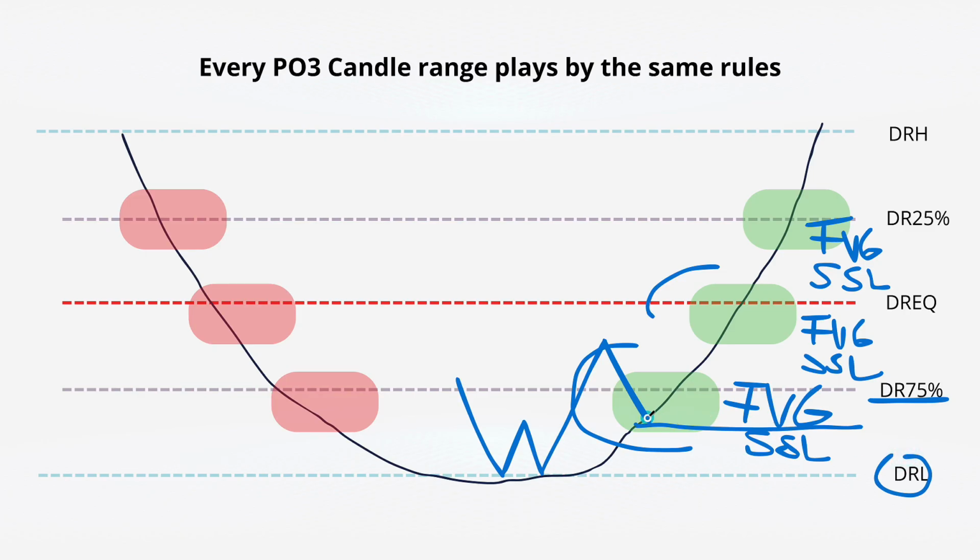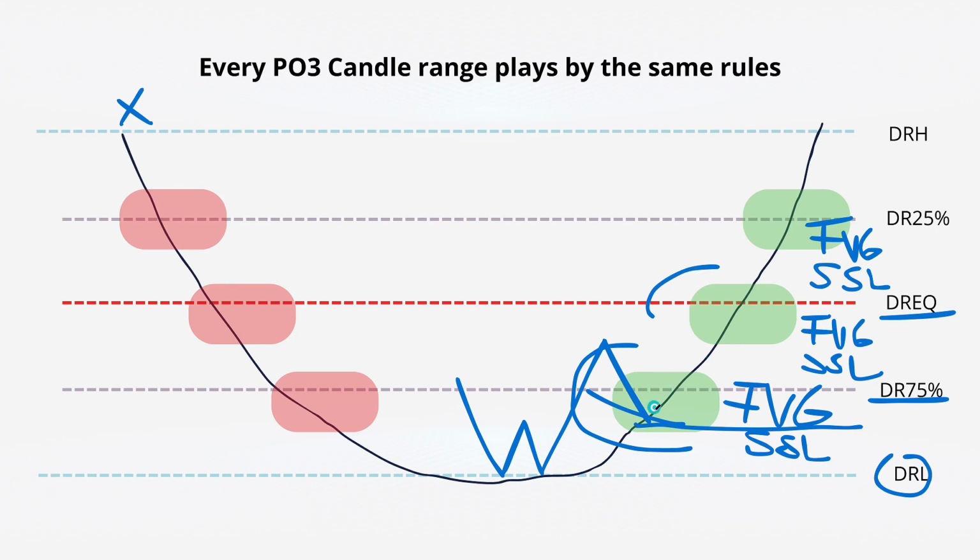To continue to the next quarter, equilibrium, because the dealing range high in this moment is so far away. So your first target when you are at the 75, the next target is equilibrium.